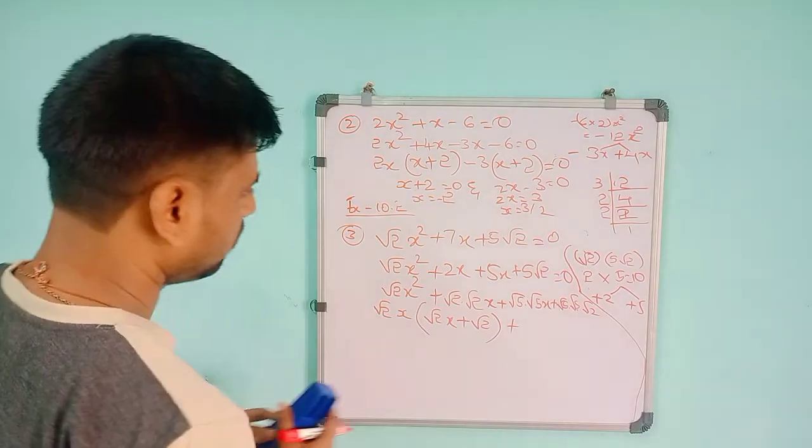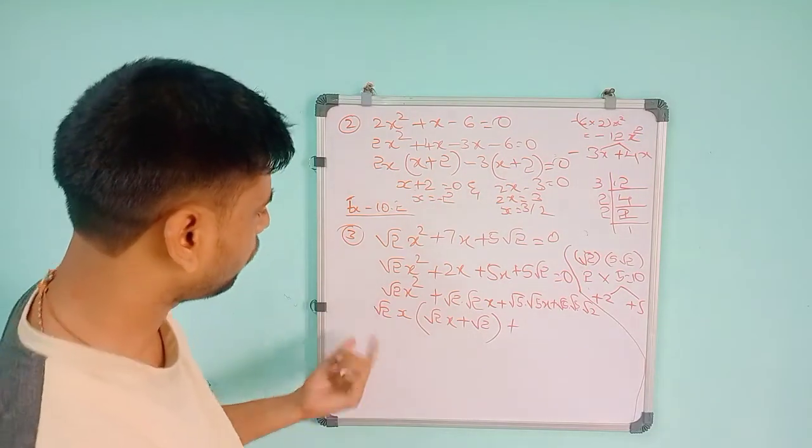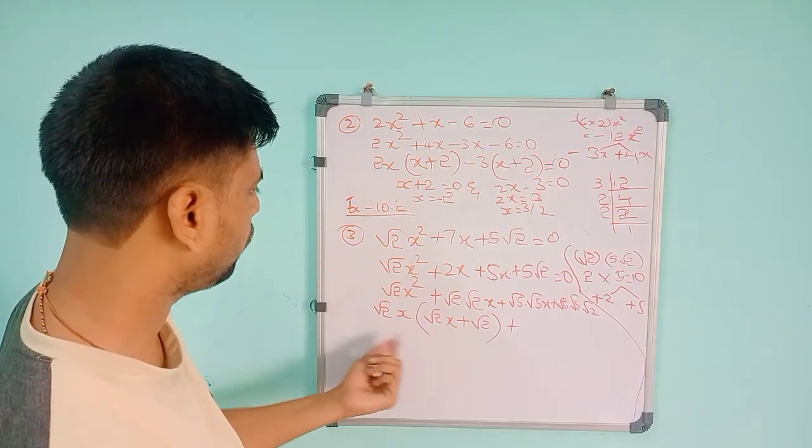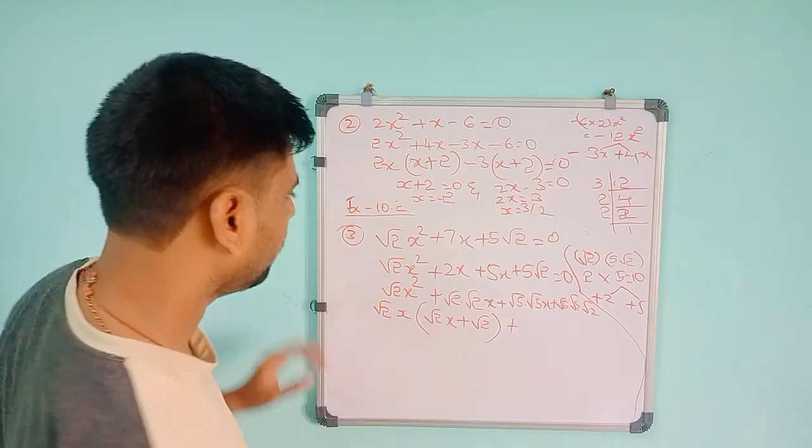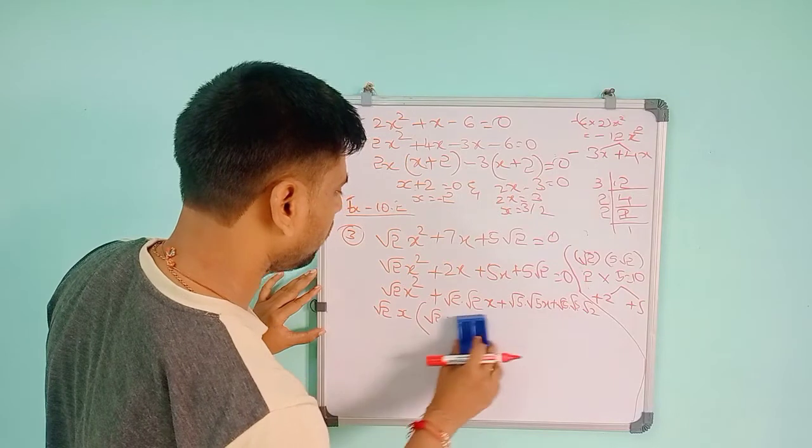So this one, root 2x square, root 2x, if you take common here, root 2 into root 2, then root 2x. You can do only common here. See, you can do this one like this also.